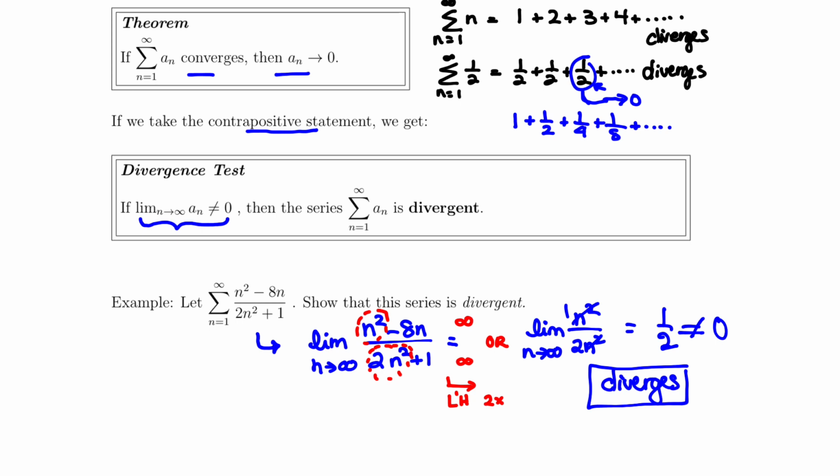On this worksheet, you've got 6 different series. I want you to figure out which one of these is telescoping, and if it's telescoping, does it converge or diverge? Which one of these is geometric, and if it's geometric, does it diverge or converge? And if it's not telescoping and it's not geometric, I want you to apply the divergence test.